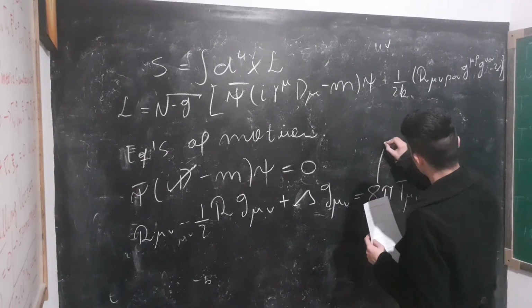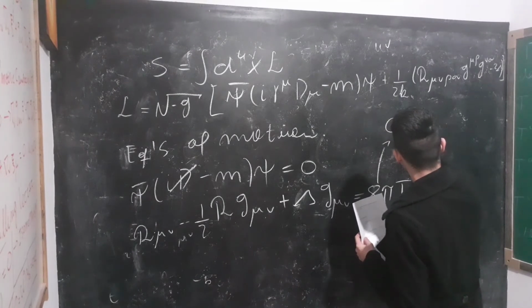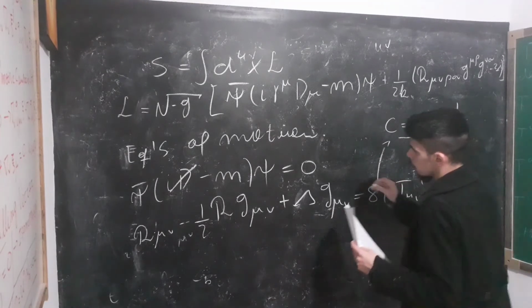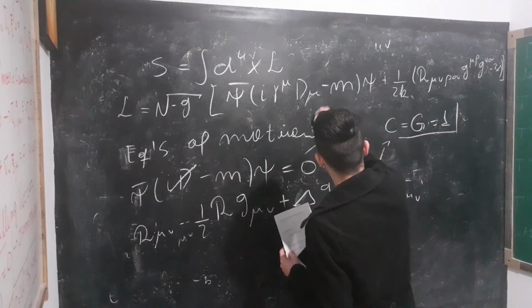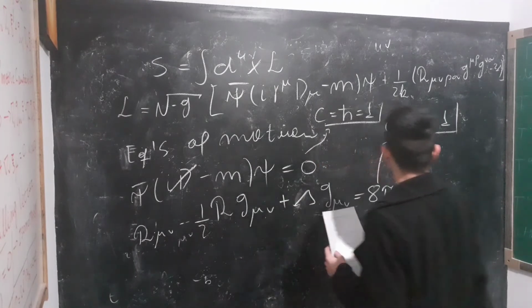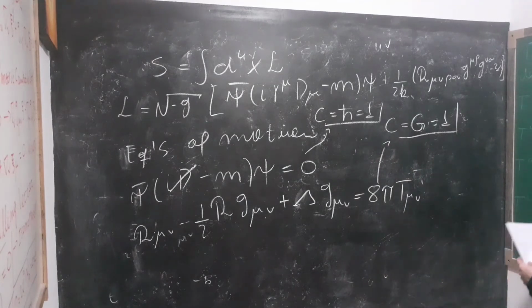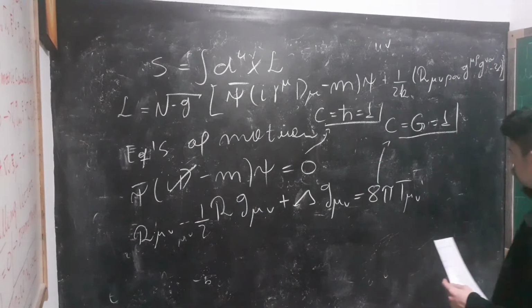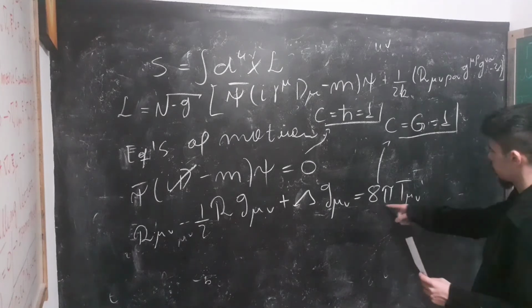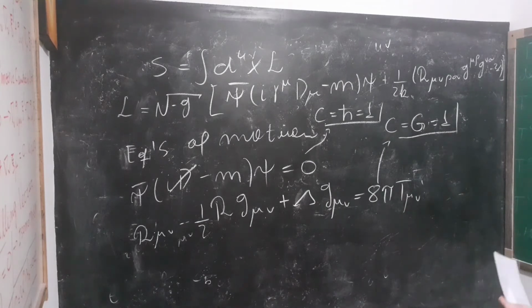Remember, in general relativity, c equals G equals 1. In quantum mechanics, c equals h bar equals 1. We can always find this natural unit system. So here we don't have G and even c, this factor.